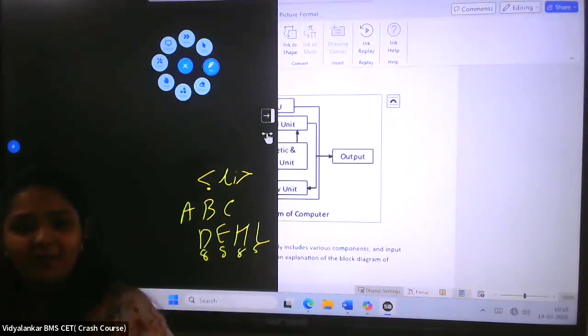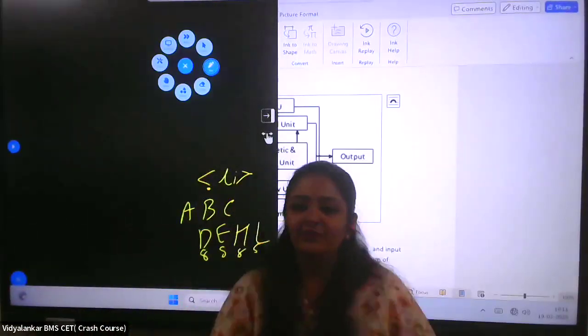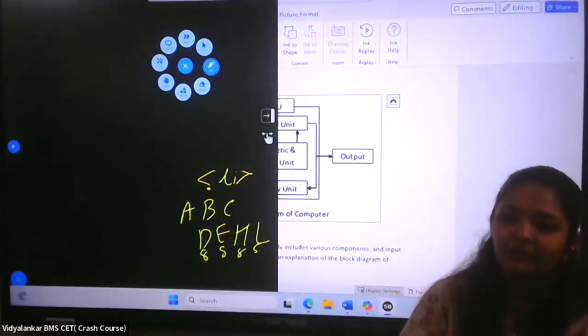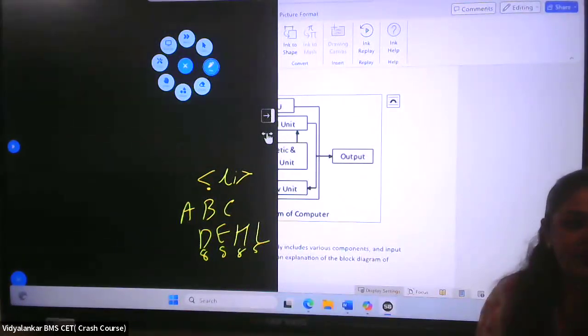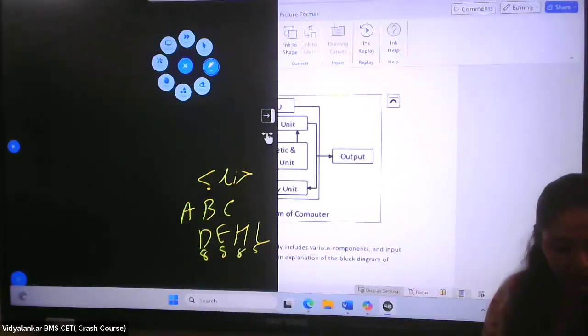Done with computers also? Yes? Online, even you can just drop a message if you're done. Good, good.